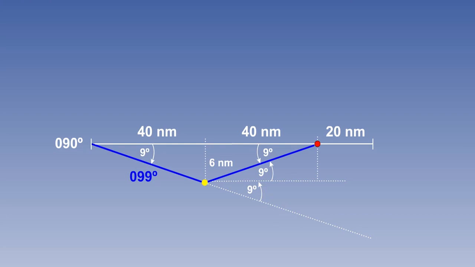It can be seen that we would need to turn left by 9 degrees to parallel our planned track, plus a further 9 degrees to intercept our planned track. So we would turn left by 18 degrees and regain our planned track in the same amount of time that we have already flown up until the fix.